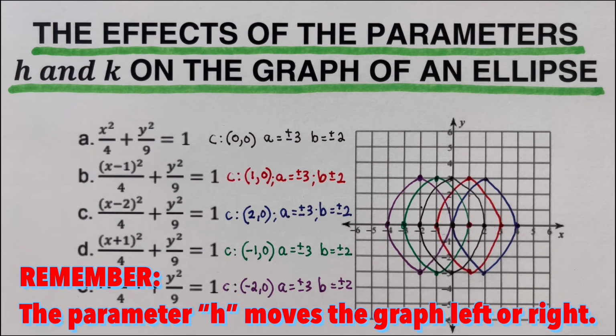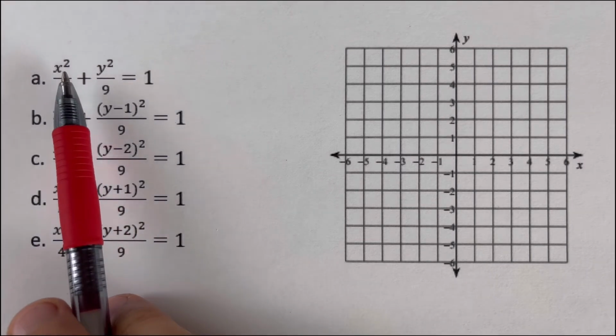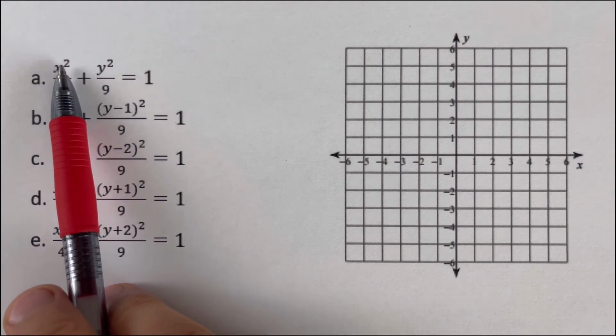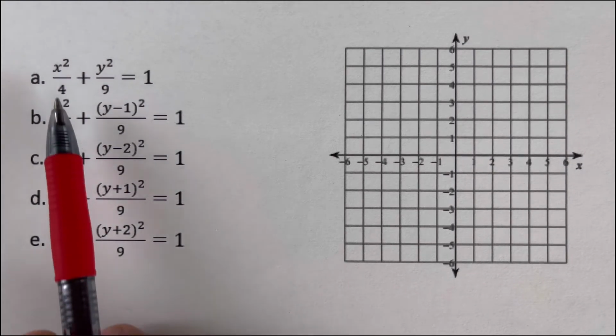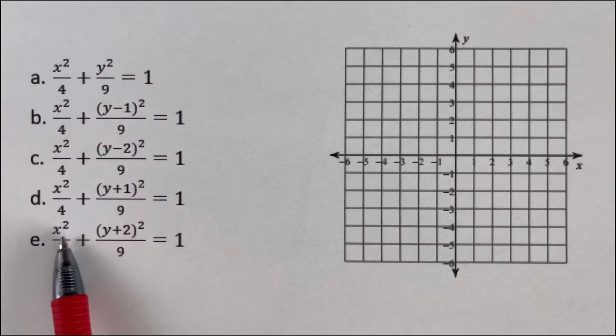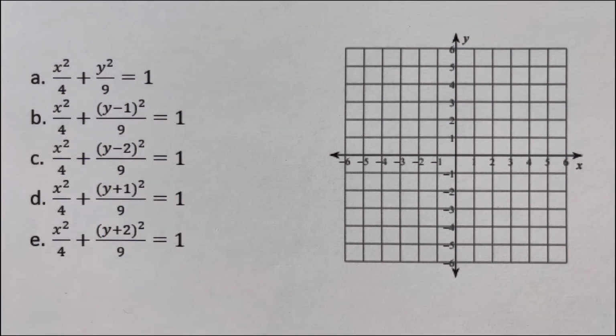Now let's investigate the effect of k on the graph of an ellipse. Looking at the equation here, our h value for all of these equations would be 0. So all h here would be 0, but notice the k values have been changed. So let's see what will be the effect of k on the graph.